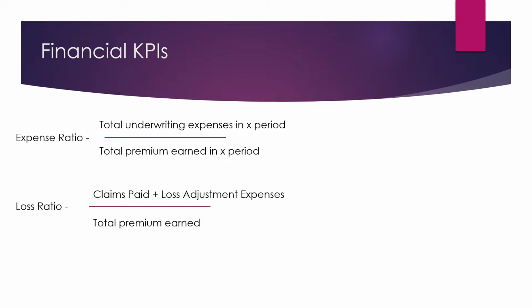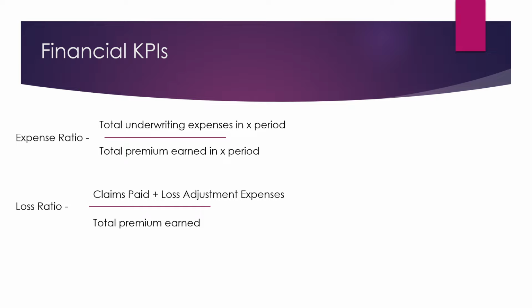But the adjustment expenses may be the loss, because there is a certain additional amount the insurance company has to pay for doing some adjustments, because of some adjudication or because of doing some research in certain cases. For doing this additional work, I incur additional expenses. That is added to the claims paid and divided by the total premium, and I get the loss ratio.